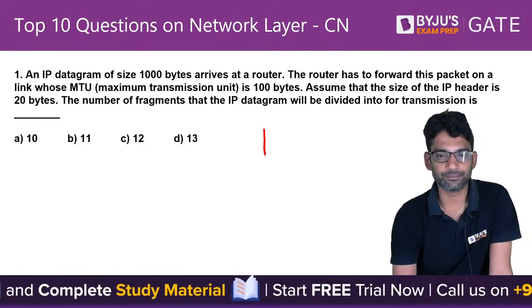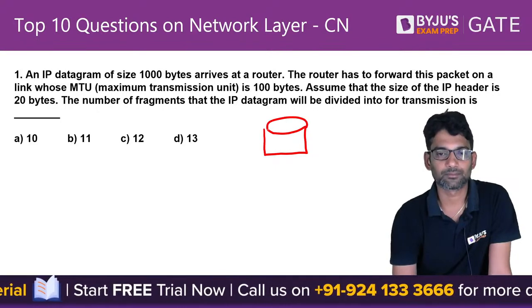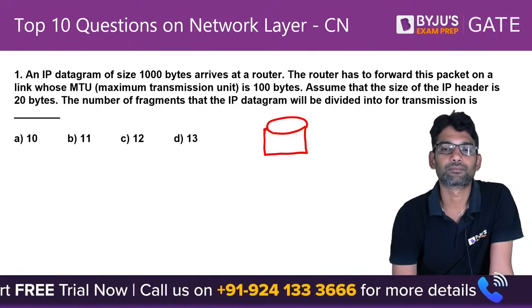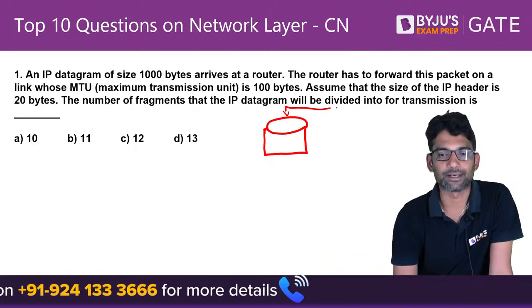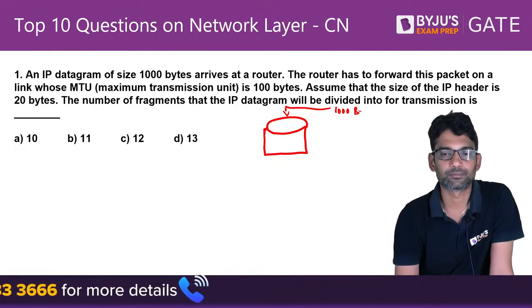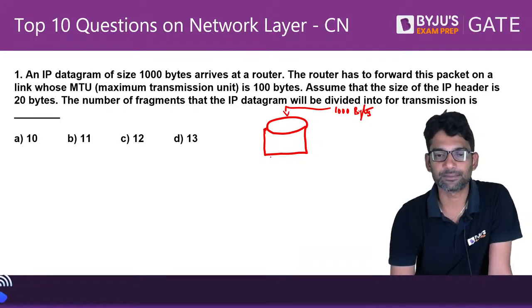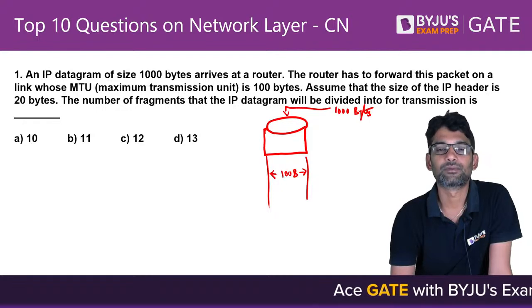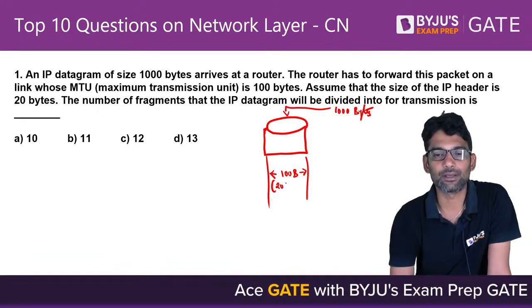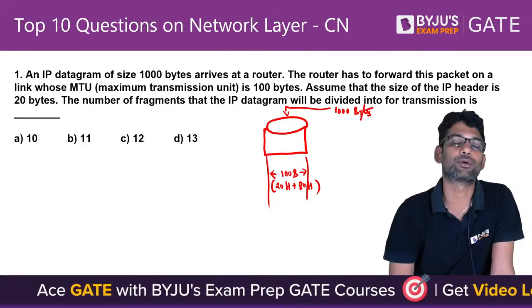There is a router, it has received 1000 bytes. It should forward this packet, and it can forward max of 100 bytes, in which there is 20 bytes header. So only 80 bytes payload can be there.